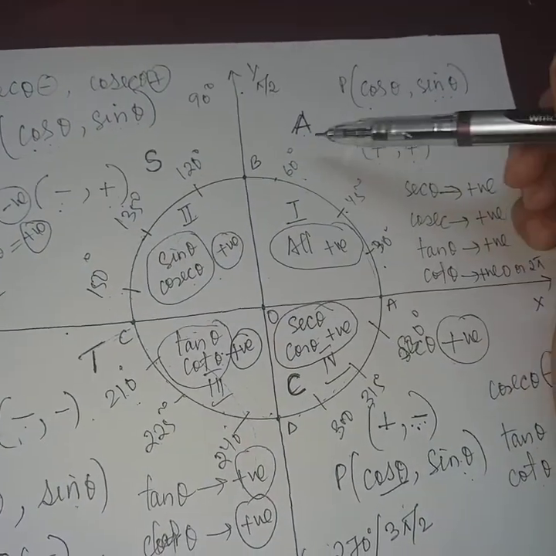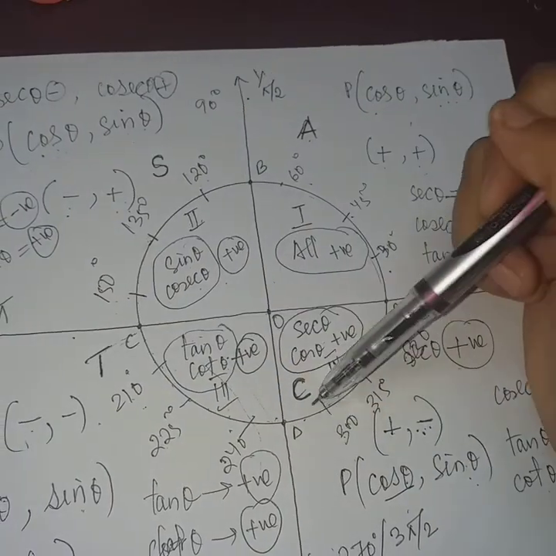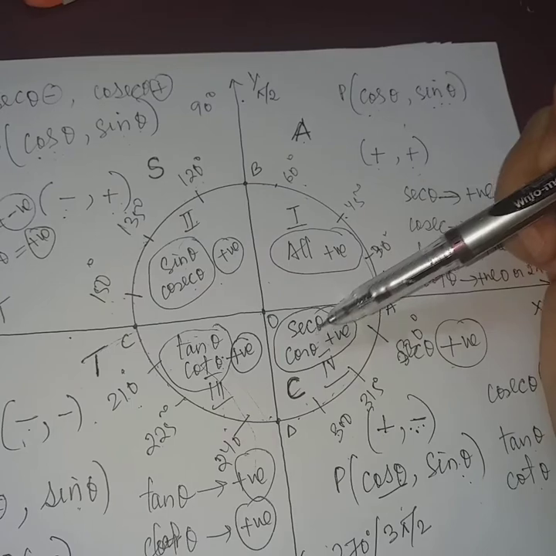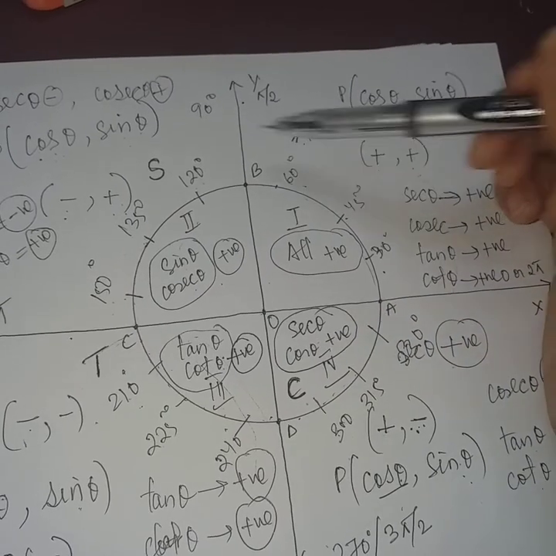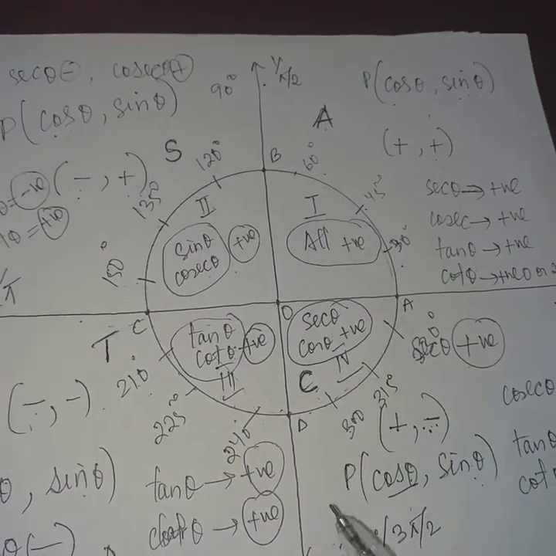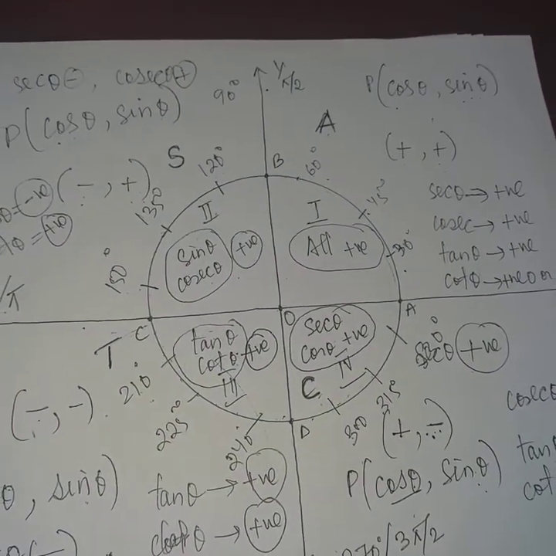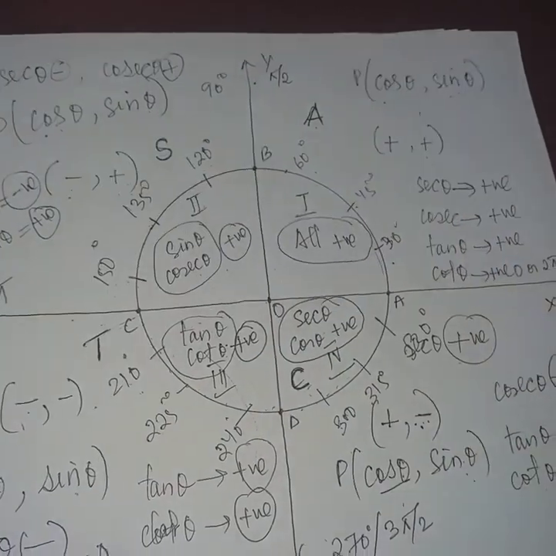That means all, sin, tan, cos, with sin comes cosec, with tan comes cot, with cos comes sec. So ASTC is the simple rule to remember the signs of different trigonometric functions in the quadrants.